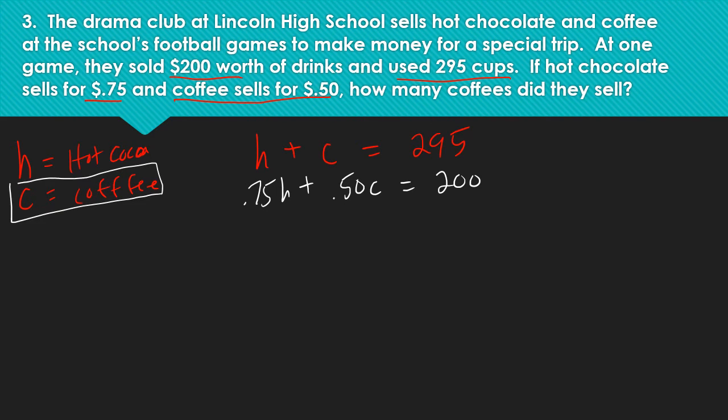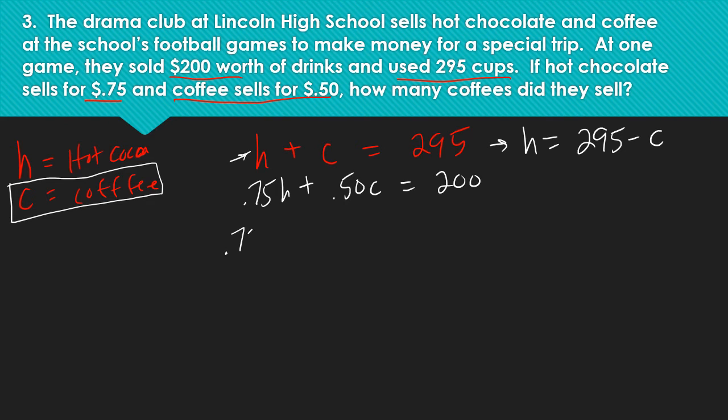And because you're trying to find coffee, that means you want to solve or substitute using H. So if I want to substitute for H, I'm going to subtract C. So I know H equals 295 minus C. And now I can substitute hot chocolate in and solve for coffee.